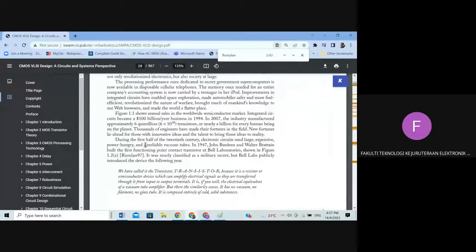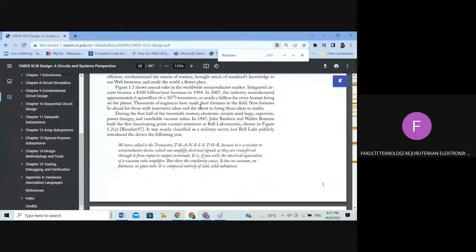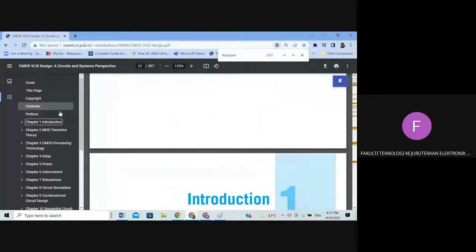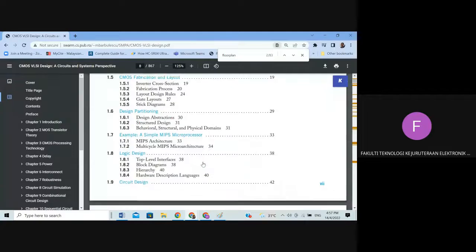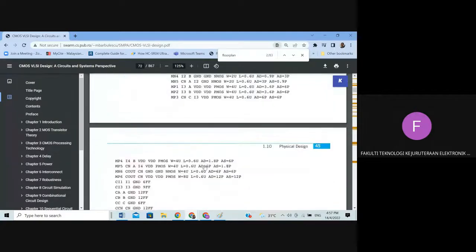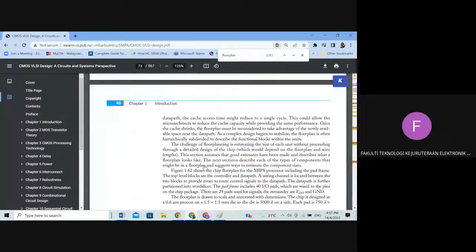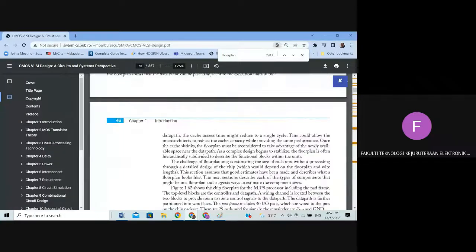Introduction, floor plan, inside here, and then go to this page, page 73 or 46.